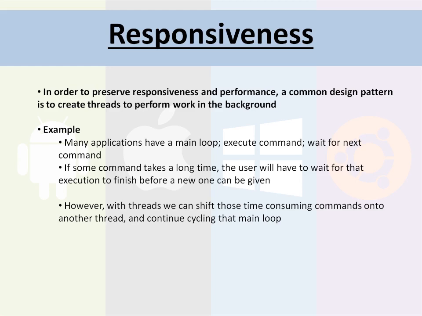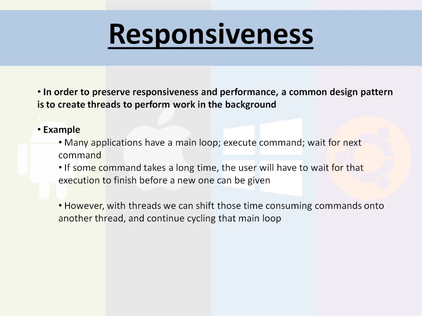Just like you have a program where you need to input data and then it will do something and then you have to input data again. So in this case, what if some command or some function takes a long time? Well, the user will have to wait for that execution to finish before a new one can be given, right?